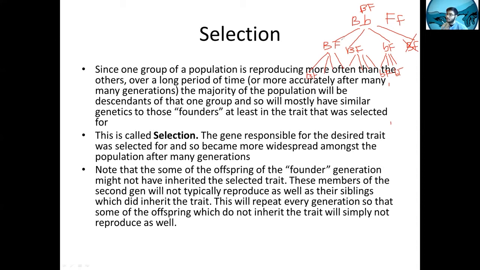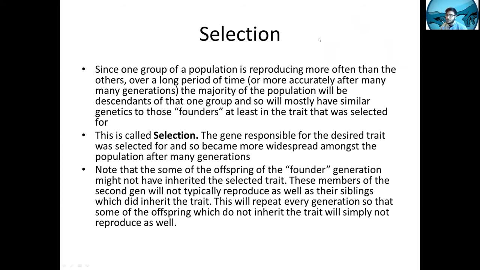Whereas the majority will have this big F, because if they don't, they'll die off. After multiple generations of selection and a kind of filtering process, most of the little f's will die off, and you'll be left with almost all big Fs. Okay. And that's why certain traits are selected for, whereas others are not.